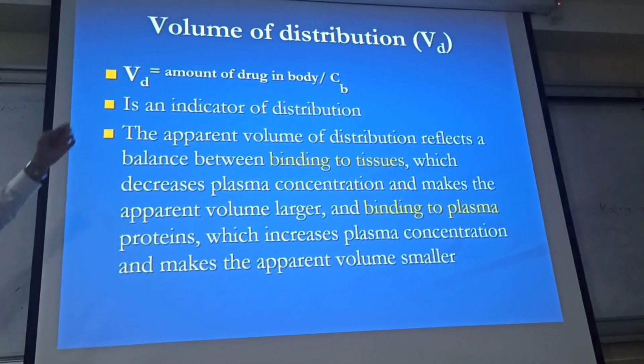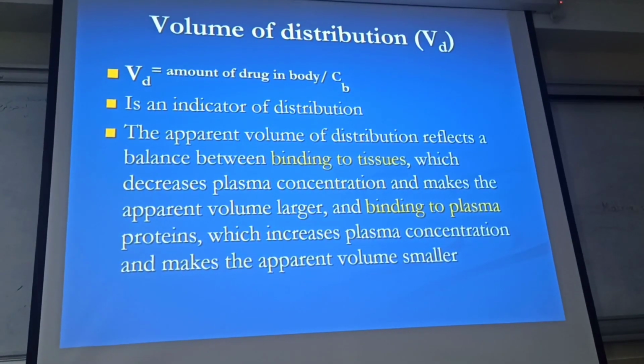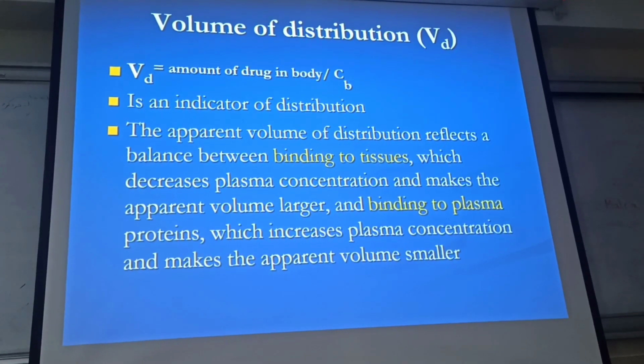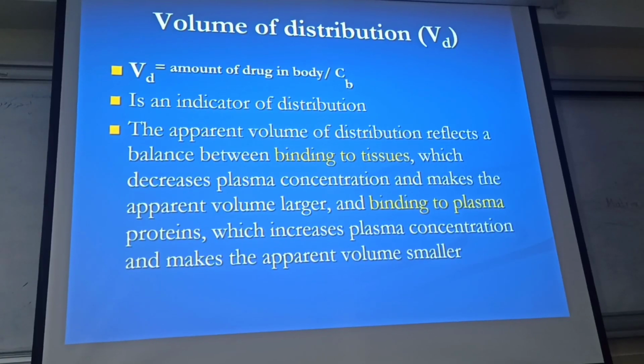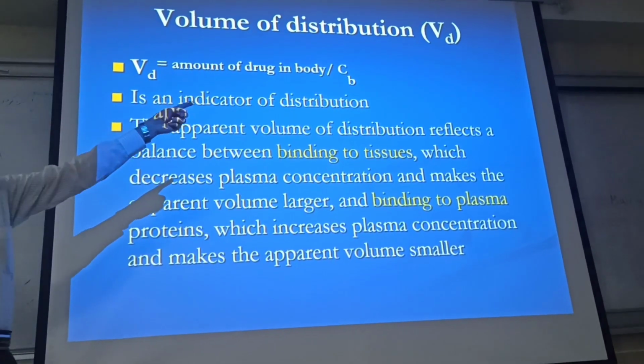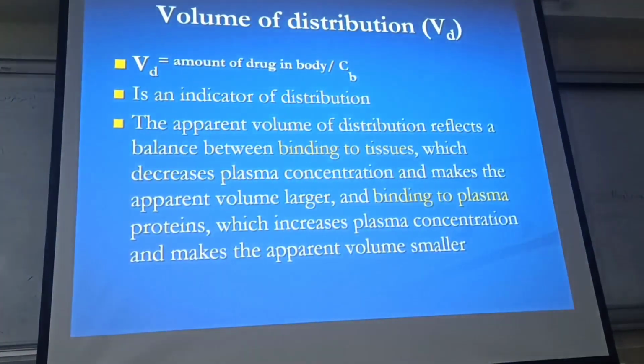And this is the formula. VD equals the amount of drug in the body divided by blood concentration, CB.